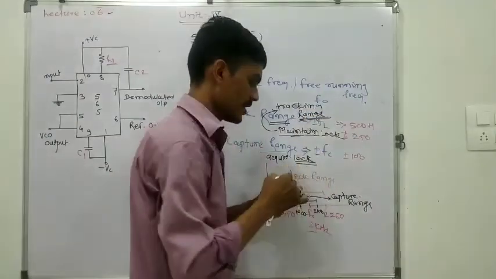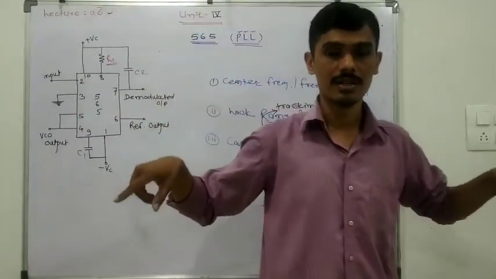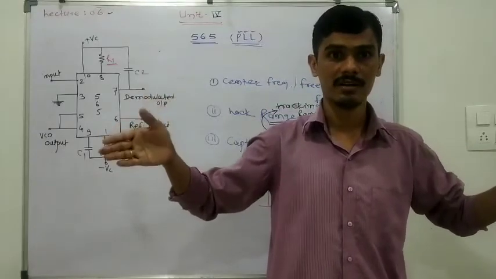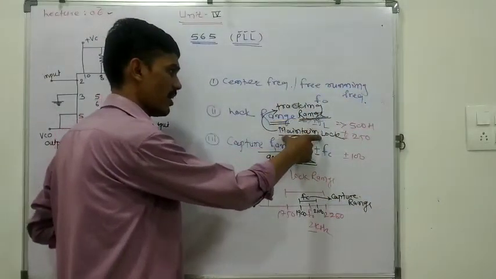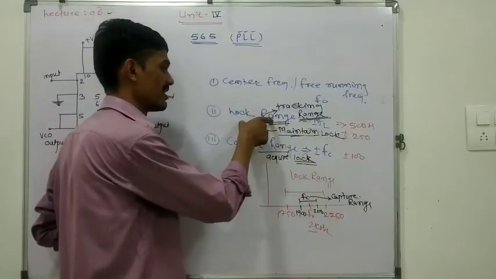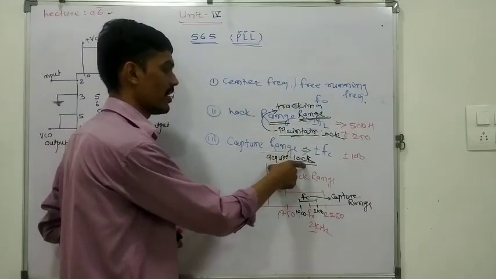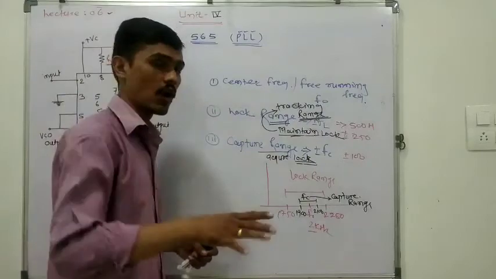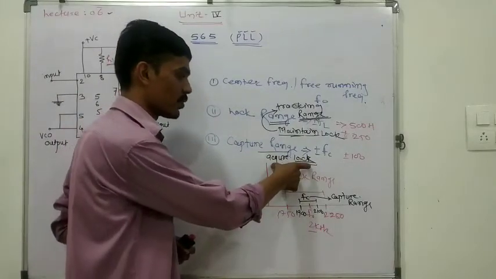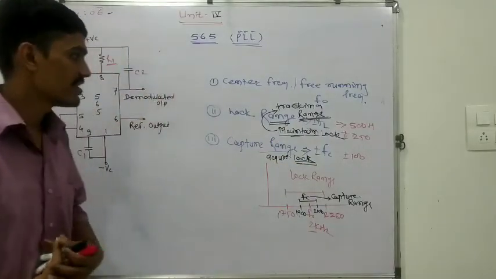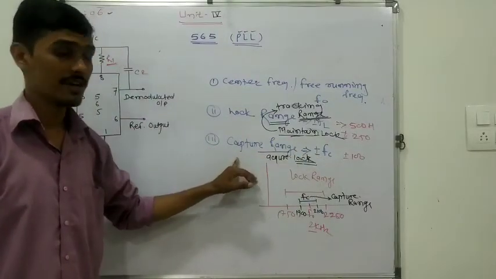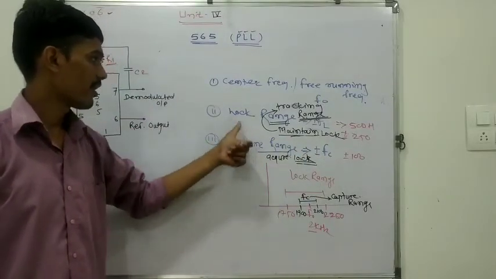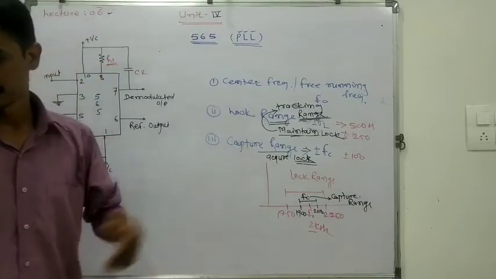It always tracks the range of the frequency, or maintains the lock. That is the lock range, and capture range is where it acquires the lock. Whenever there is a word that it acquires the frequency, that is related to the capture range. So this is the difference between the lock range and capture range.